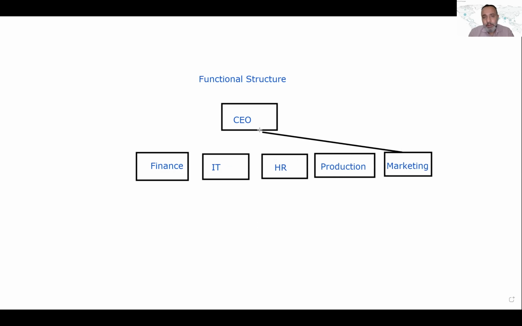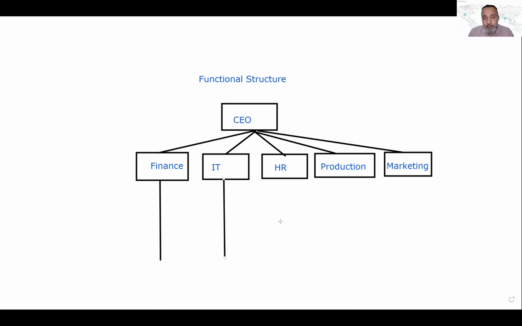Of course, each function has a manager, right? So we call them the functional managers. The IT manager, the HR manager, the production manager, all of them are called what? Functional managers, right? And each department or section has its own staff.